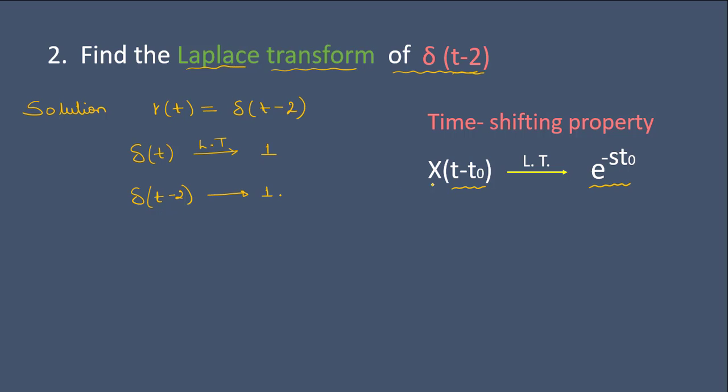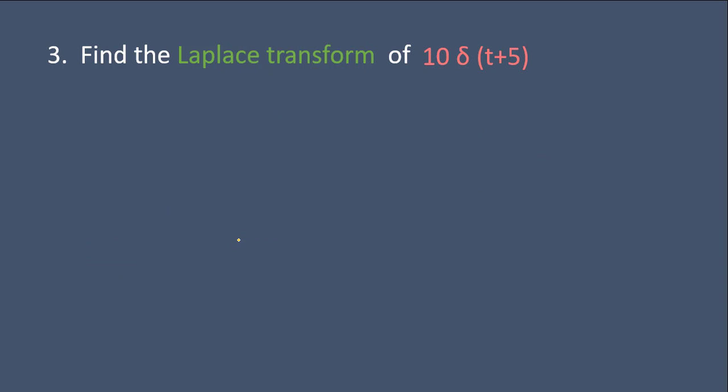If you compare this t minus 2 with x of t minus t naught, we can write it as e raised to minus 2s. So the Laplace transform of r of t is R of s, and it is nothing but e raised to minus 2s. The Laplace transform of del of t minus 2 is e raised to minus 2s. Now let us go to the next question.